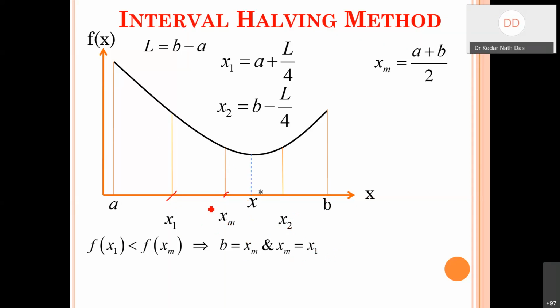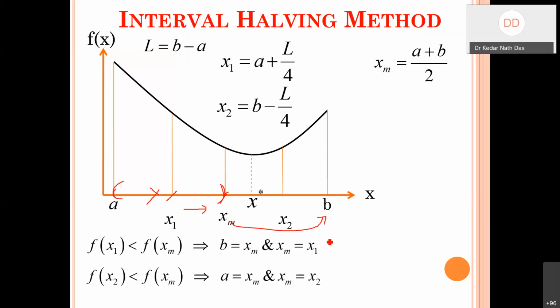This has been shifted towards the right automatically. So ultimately this entire region is going to be eliminated. That's why half of the region is eliminated in this interval halving method.